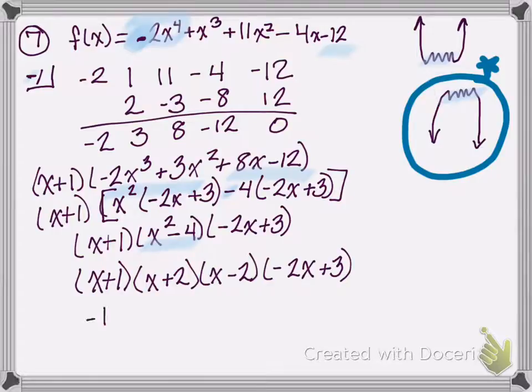So I end up with negative 1. That's one solution. Negative 2, positive 2. Those are two more solutions. And this last one, you might actually need to put that and set it equal to 0. So I have negative 2x plus 3 equals 0. That's negative 2x equals negative 3.